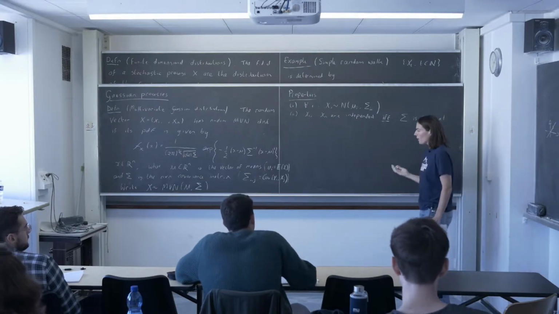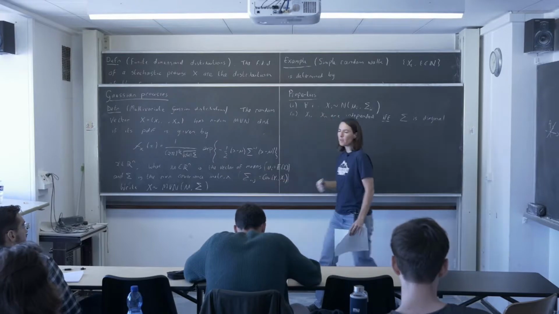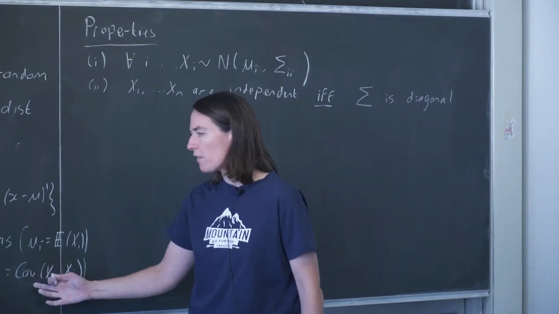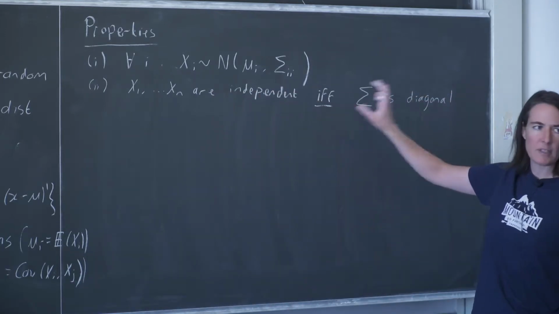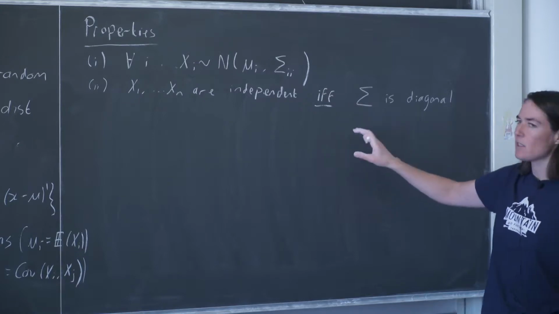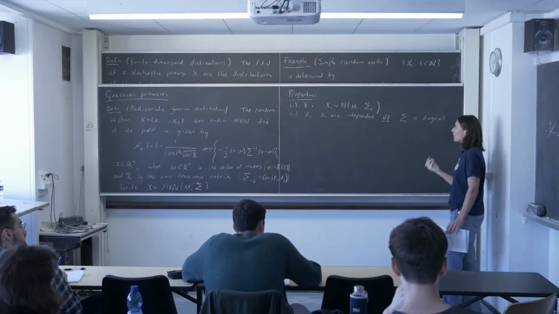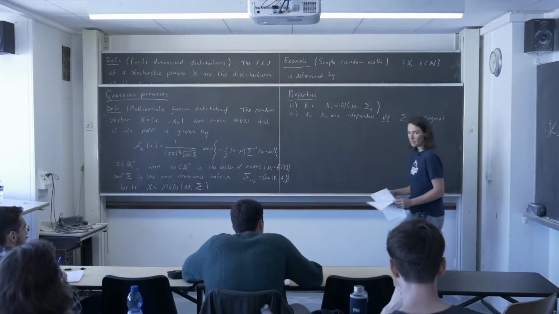Normally, if two random variables are independent, they have covariance 0, but the converse doesn't usually apply. In general, two random variables with 0 covariance are not necessarily independent. However, for the multivariate Gaussian, that does mean they're independent. This is one of the few distributions which has this property, that independence is exactly equivalent to the covariance being 0.